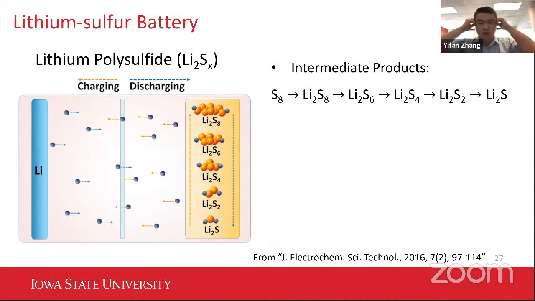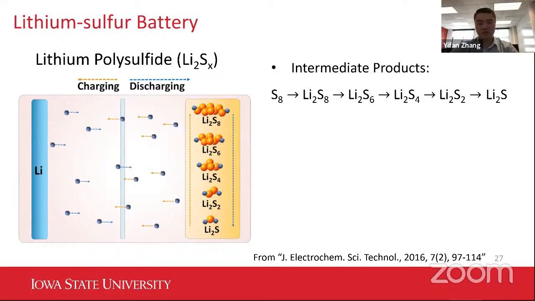Okay, so every coin has two sides, right? During cycling, the sulfur will finally be reduced into lithium sulfide, but along the way a bunch of lithium polysulfides are generated. We call them Li2Sx. You can see here there are 4 examples of polysulfide species generated during the cycling.